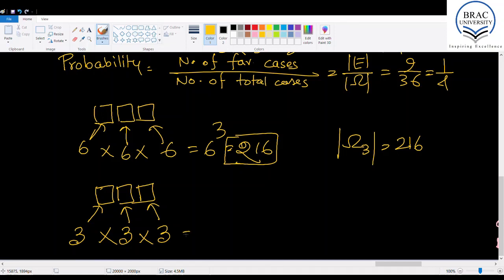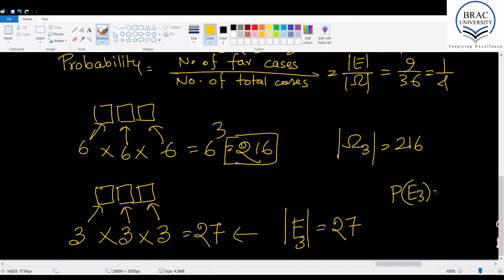So 3 times 3 times 3, which is 27. So there would be 27 triples in our expected event. Suppose it's E3, the subscript 3 denotes we are rolling 3 dice. So anyway, it's 27. By the definition of probability, P of E3 will be 27 by 216. It's a lot easier, right? So I hope you understand.